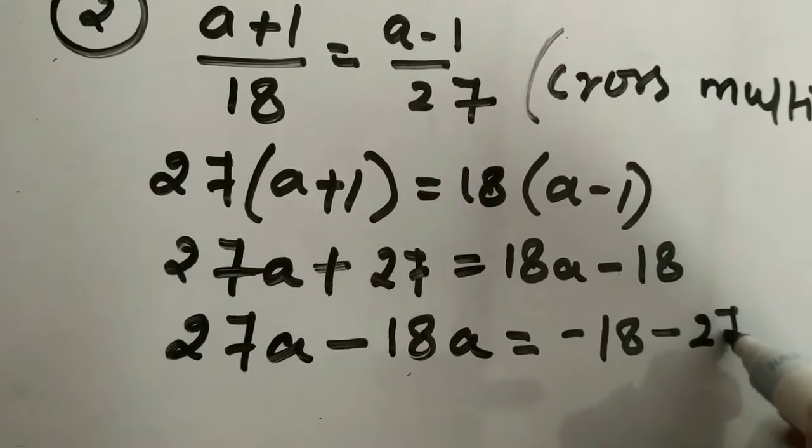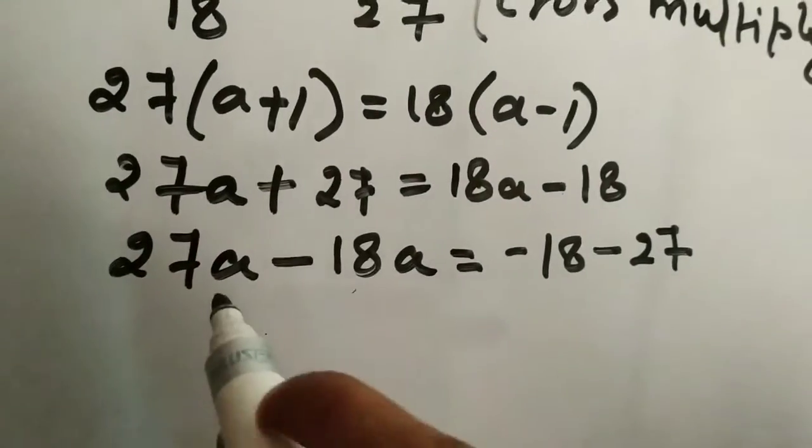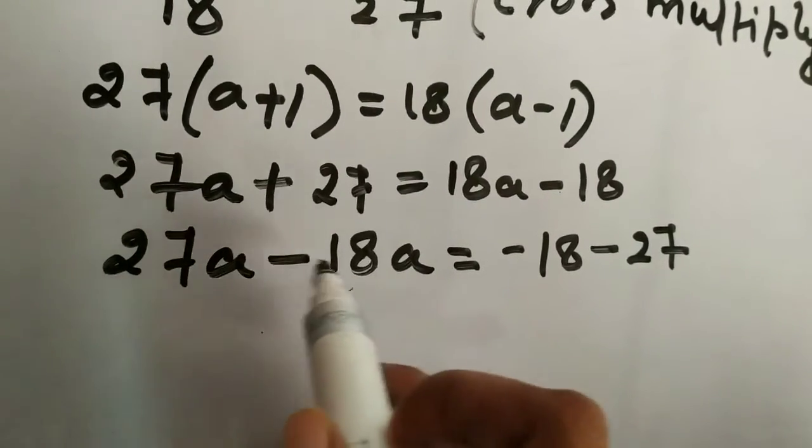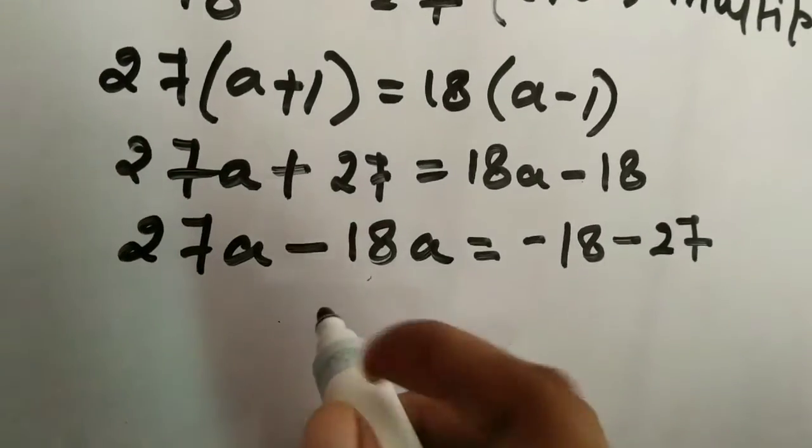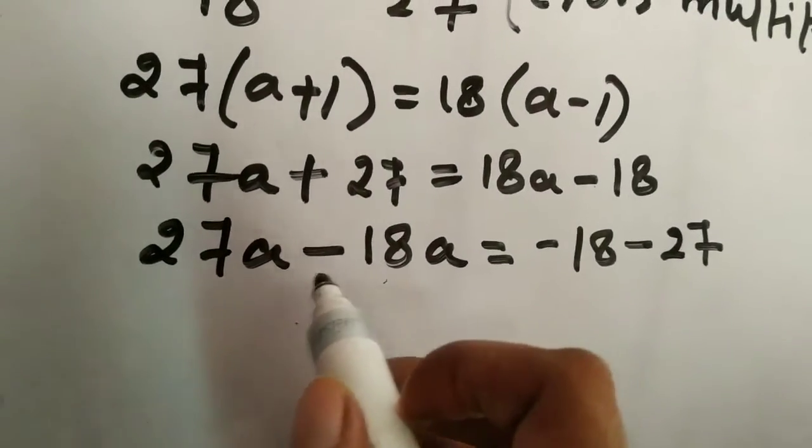Now 27a minus 18a is how much? Just subtract it simply.